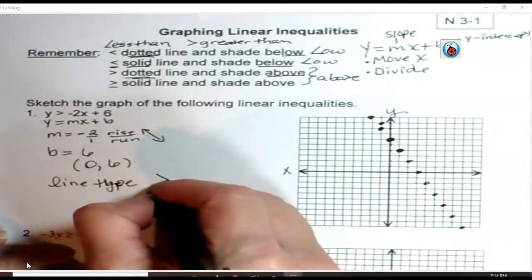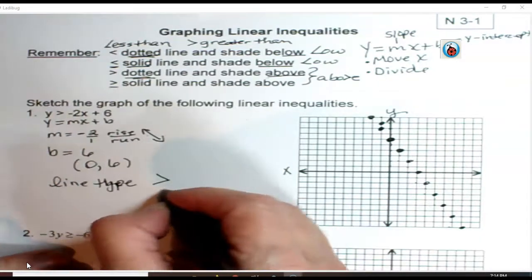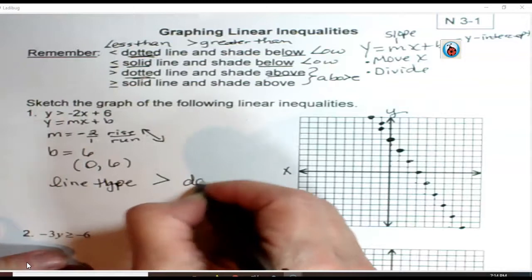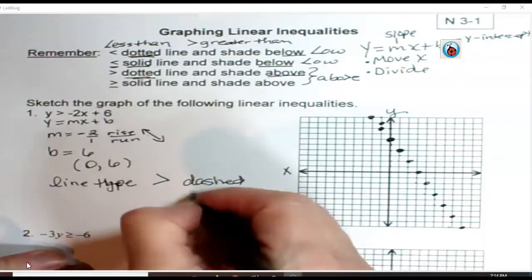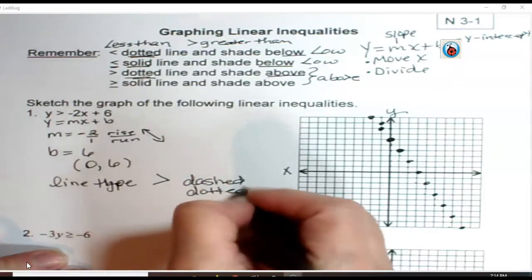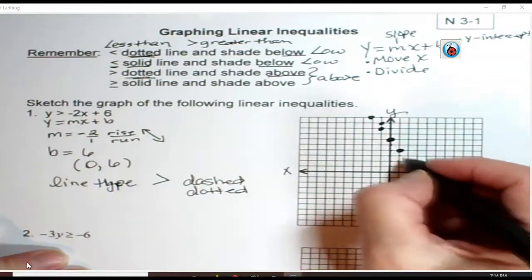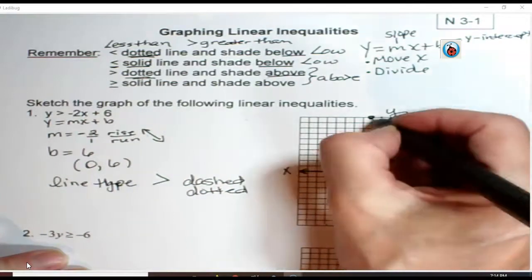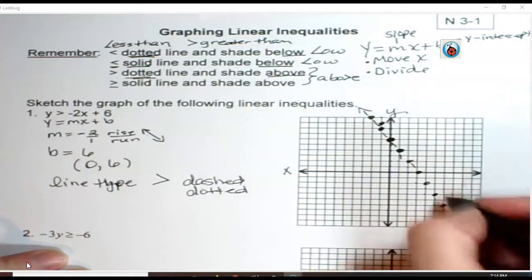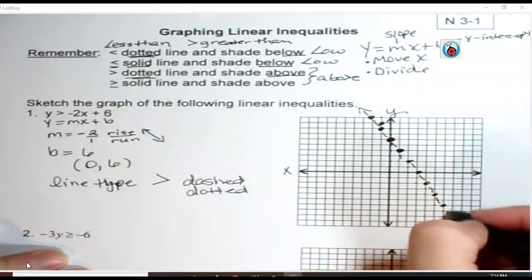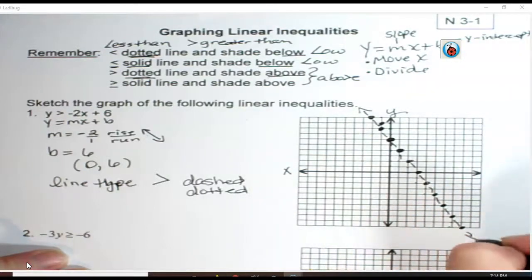It was a greater than, no line underneath, so it's not a greater than or equal to, so this is a dashed line. Dashed or dotted, some people call it dotted. I'm just going to add a couple more dashes in between because I made that little boo-boo right there. Make sure there are arrows on the end of your line because it is a line.